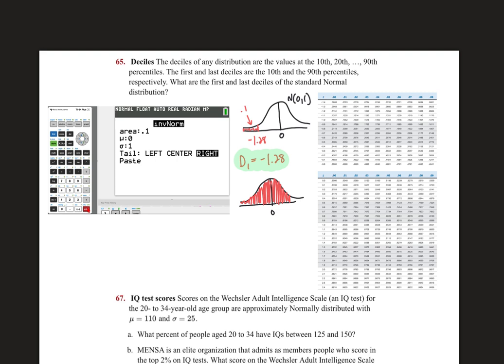Oh, so I'll show you doing 0.1 to the right. So notice if there's 0.9 to the left, then there's 0.1 to the right. And so that's another way of doing it. So that's this value, positive 1.28.